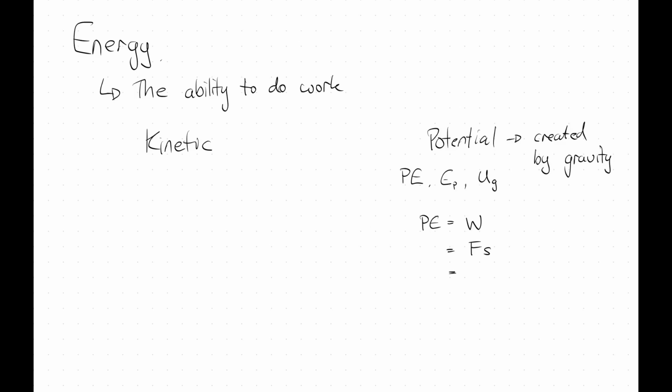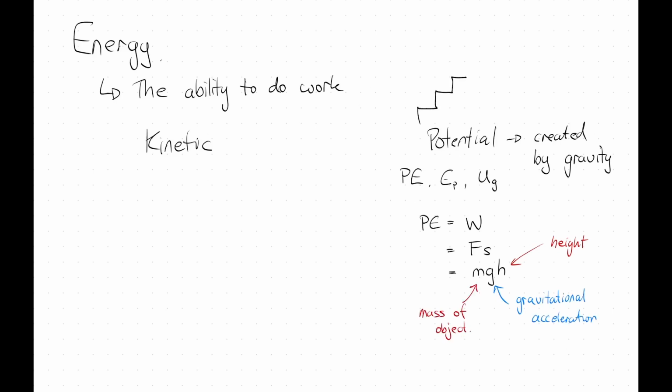So we're going to have this equal to mg. But in this situation, s is the displacement. So if we think about gravitational potential energy, we worry about how high it is off a surface. So instead of s being the displacement it moves, we talk about h being the height of the object.